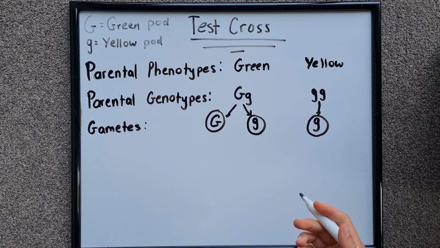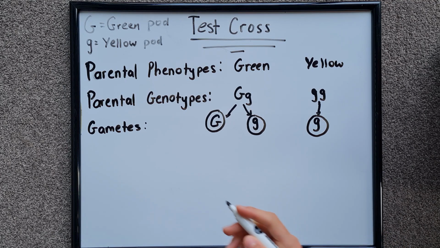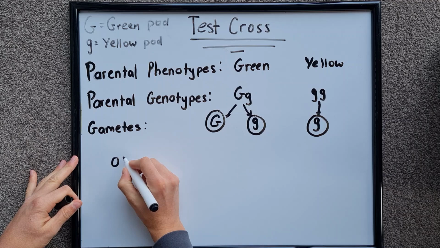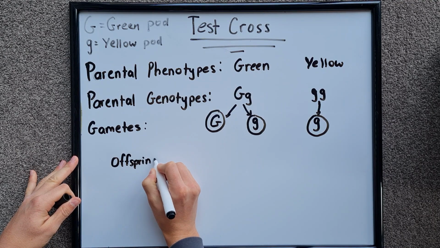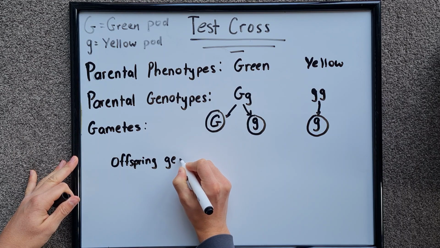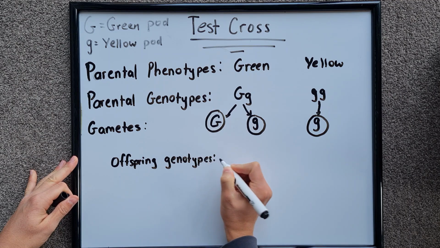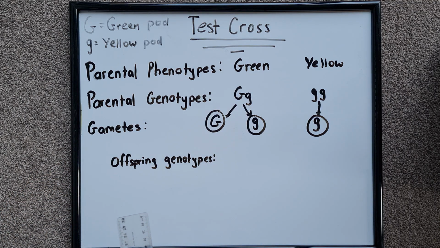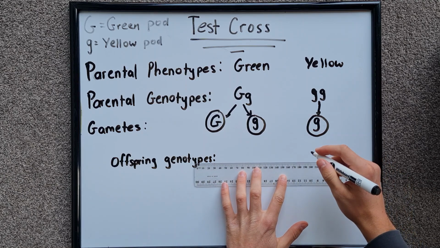Now, in the test cross, what we will be finding out is the possible offspring genotypes. So we're going to write here offspring genotypes. Okay, and what we can go ahead and do then is make our test cross table, a checkerboard, also called a Punnett square.